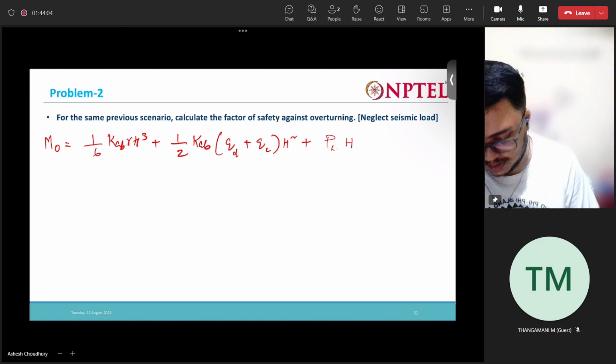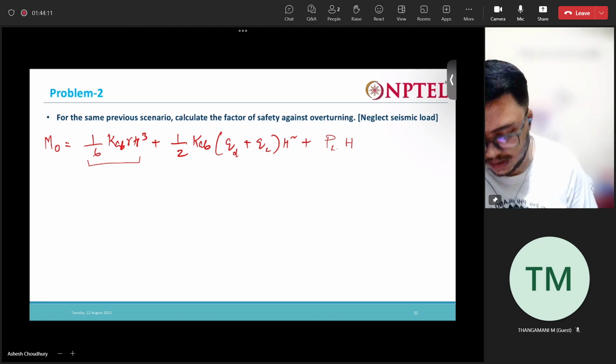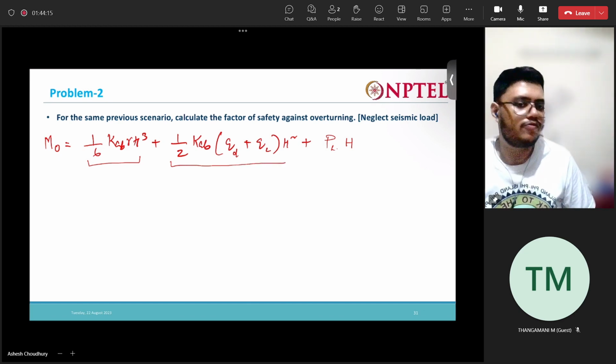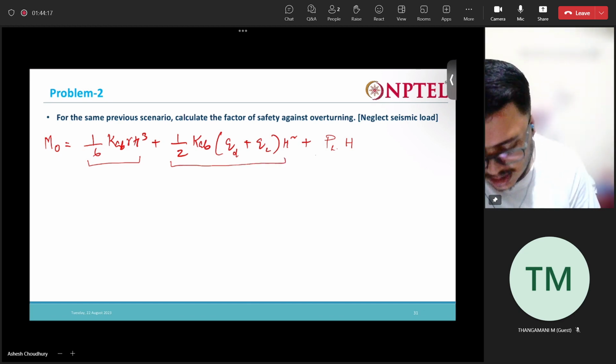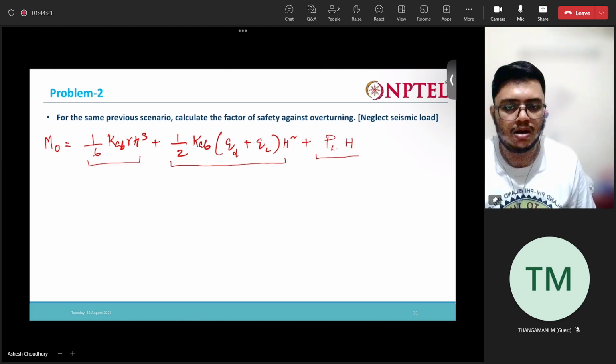All right. So this part is from the earth pressure of the backfill on the reinforced soil wall. This is the earth pressure of the surcharges due to live load and dead load, and this is the moment due to the load on the crash barrier.